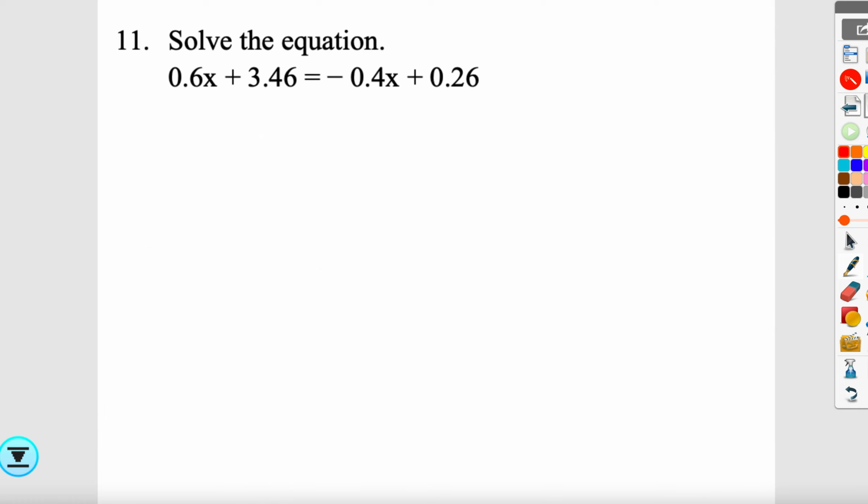Number 11, solve this equation. Notice how it's still an equation, guys, but now the coefficients and the constants are decimals. And we've done decimals. Our calculators do decimals.